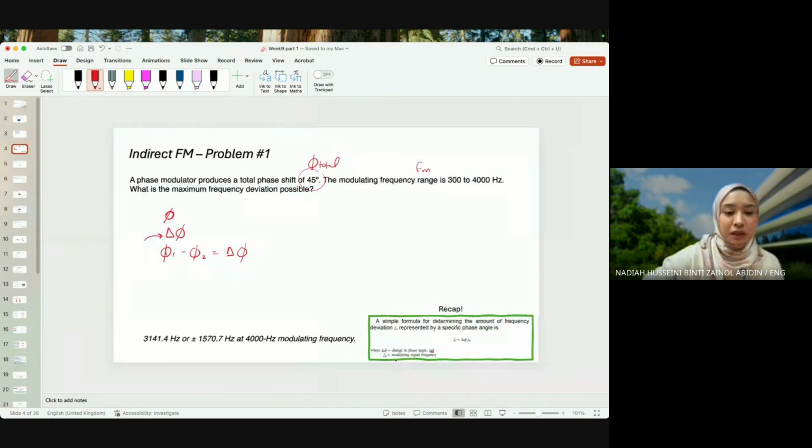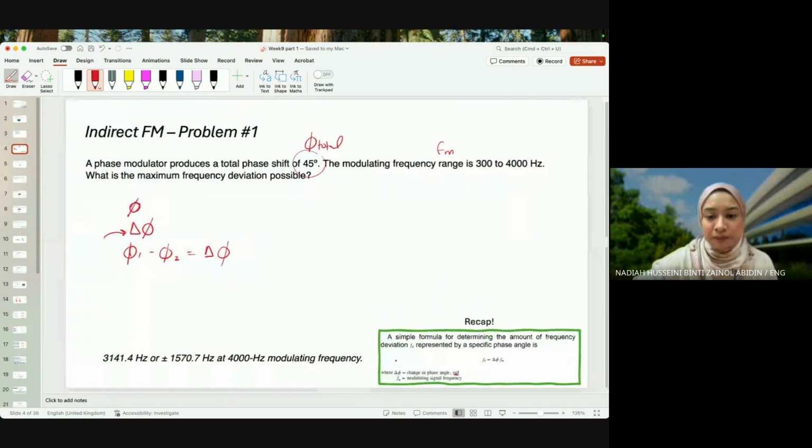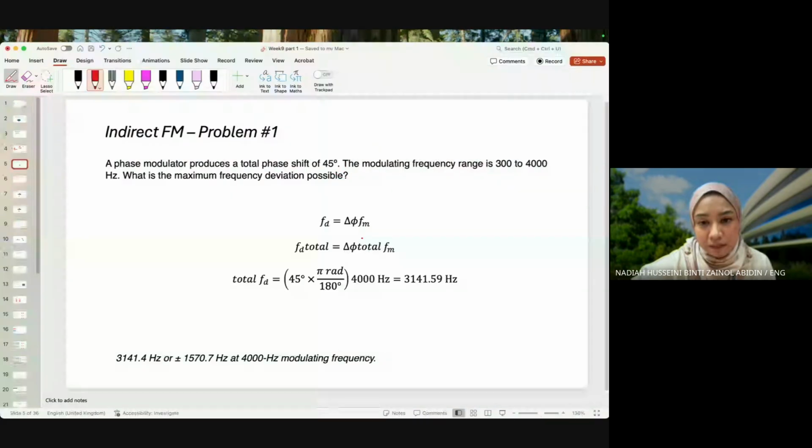So let's go back to the problem and use this equation. FD is delta phi times FM. We should change this 45 degrees first. So how should we change it? I think I have the answer here. I've changed FD to total FD, which means that this phase shift also needs to be total as well.